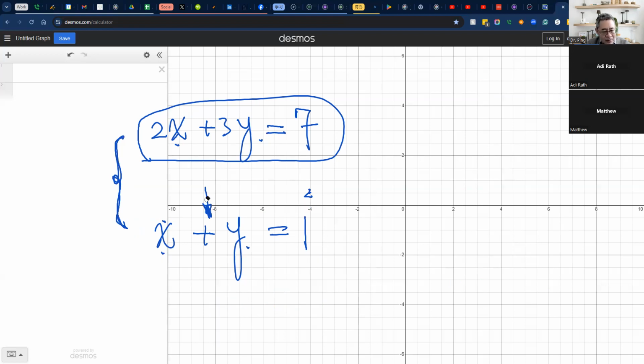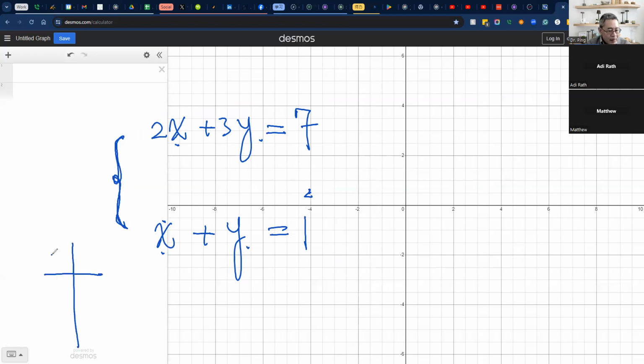Okay, let's use just a table form. On the first one, x, y: if x equals 0, then y will be 7/3. I'm going to use the x and y intercepts to graph it.